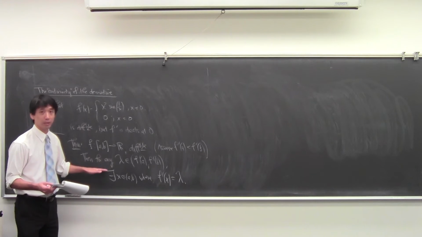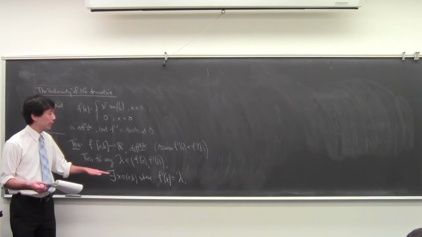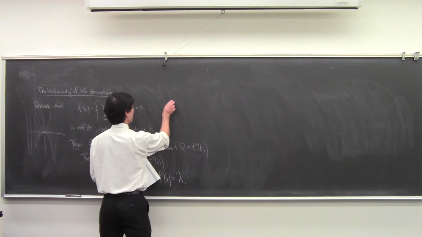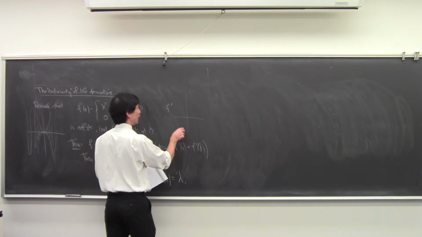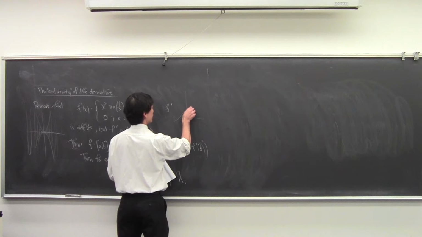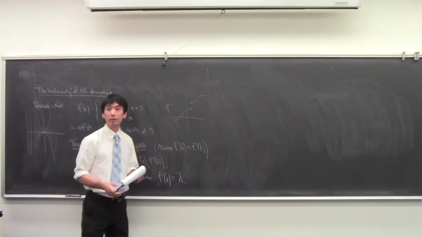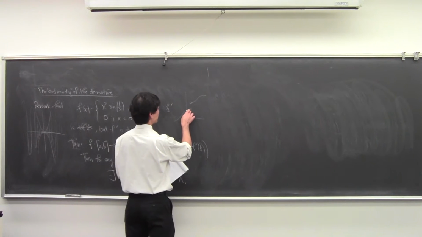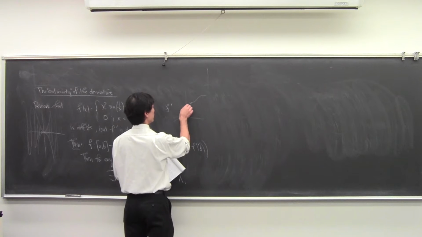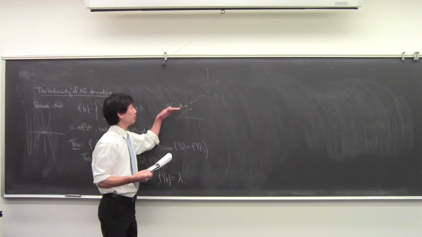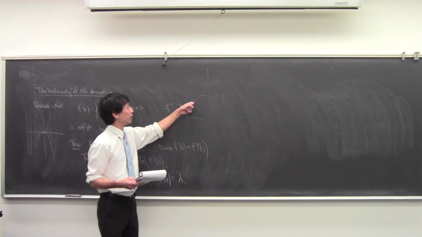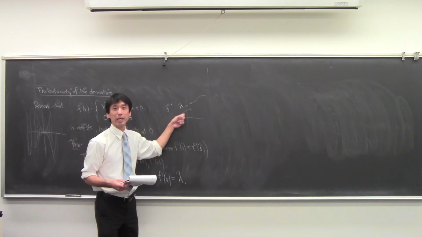Yeah, so it may be discontinuous, but it can't have a jump, right? If I'm looking at f prime, it couldn't look like this, right? It couldn't look like this, right? Because there would be some lambda that's between the value of f prime here and the value of f prime here that's never attained.